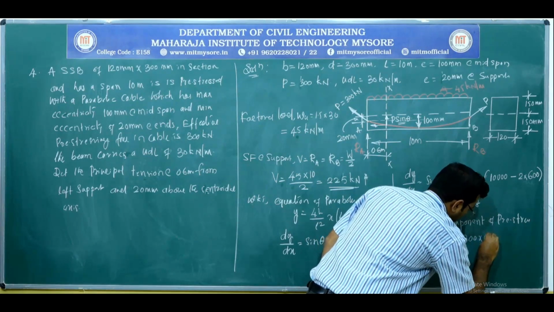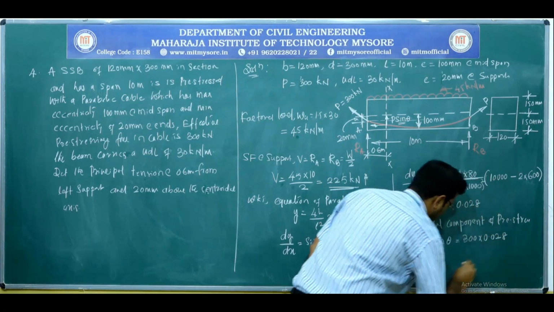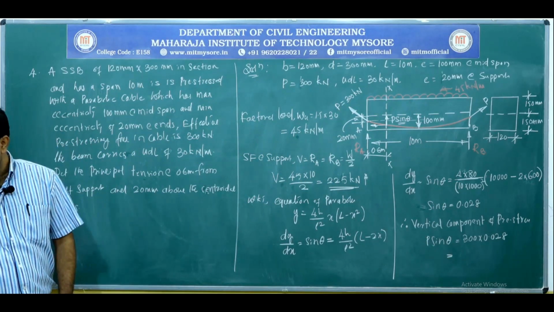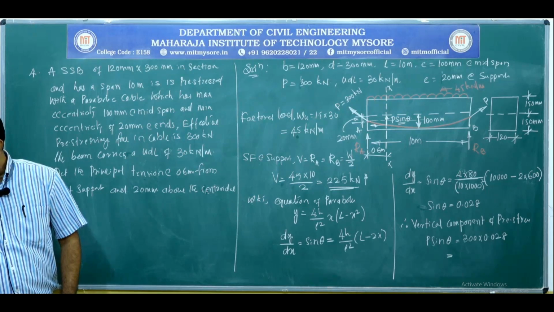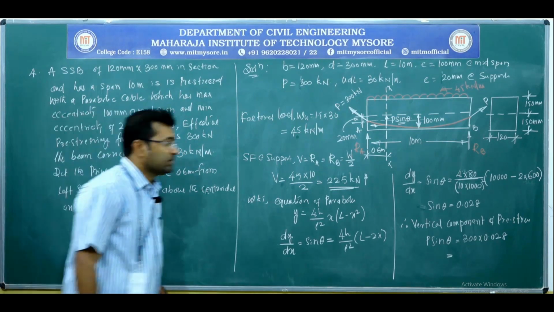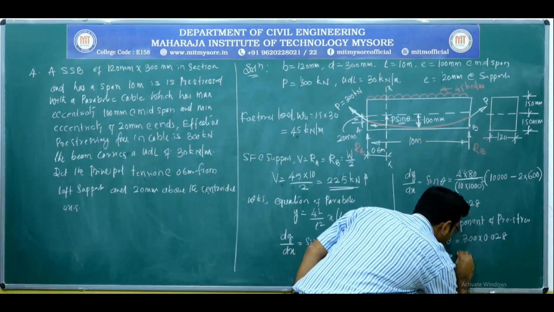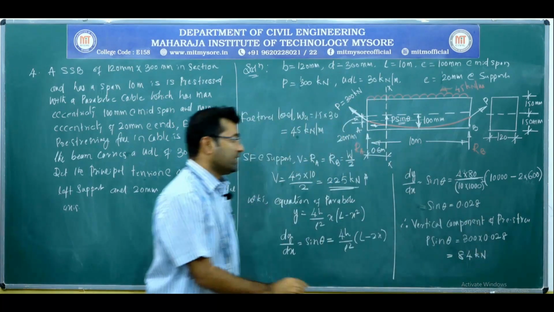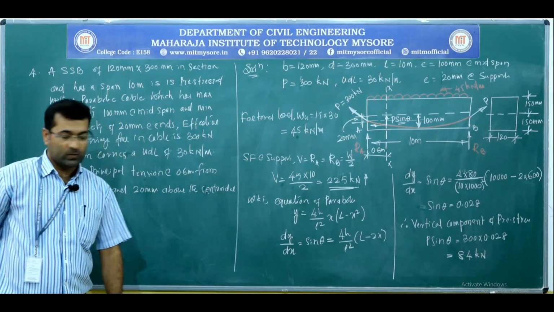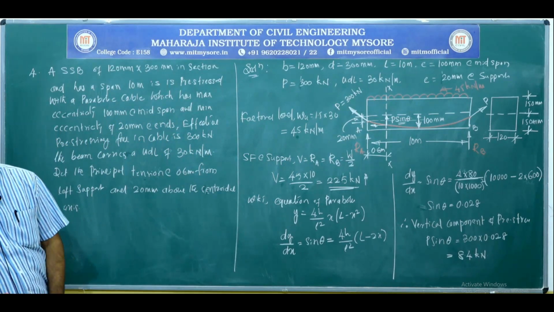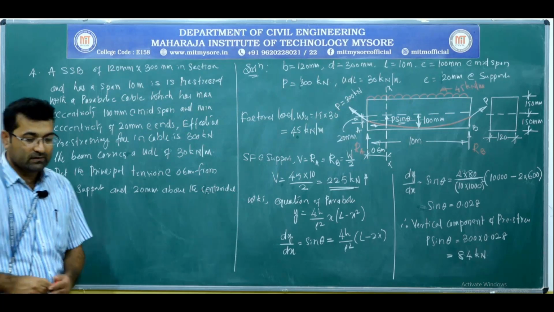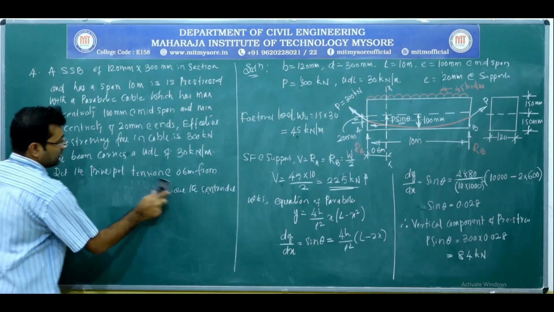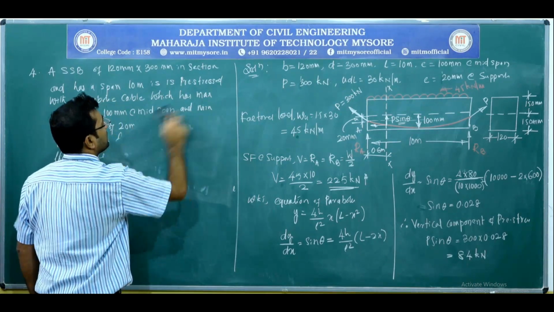So 300 into 0.028 gives a value of 8.4 kilonewtons.